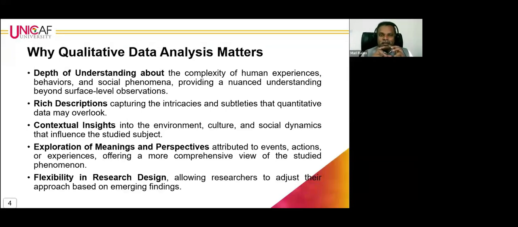So, the nature of qualitative analysis is very important, either in academic research or in action research, because qualitative data gives you in-depth information and creates a deeper understanding about a particular phenomenon, human experience, behavior, or social phenomenon. It goes behind the surface level.